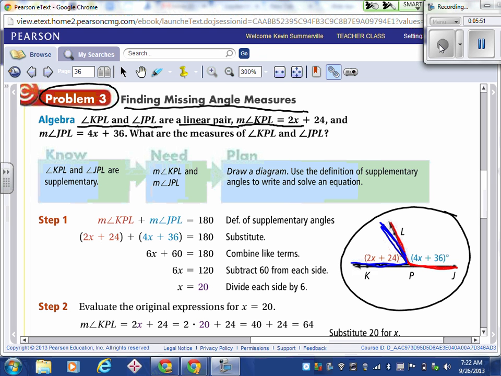Angle KPL is 2x plus 24. And angle JPL is 4x plus 36.